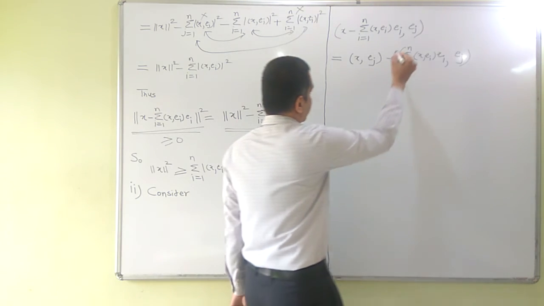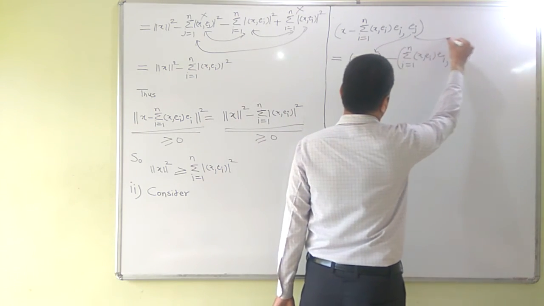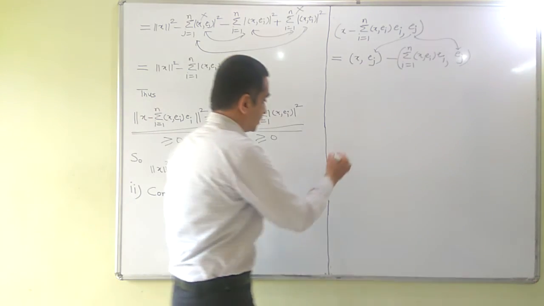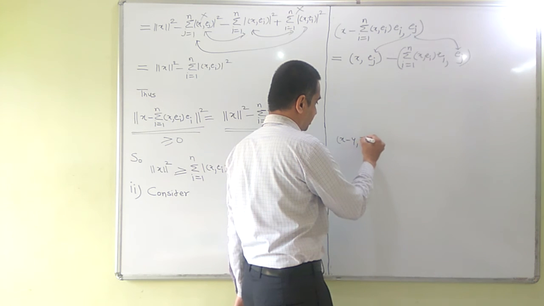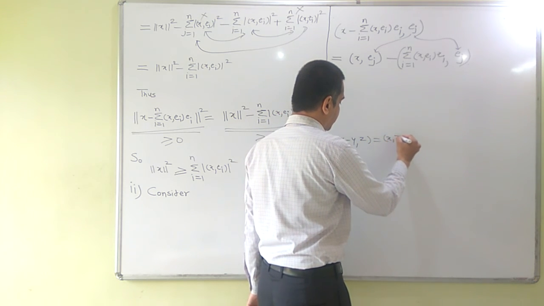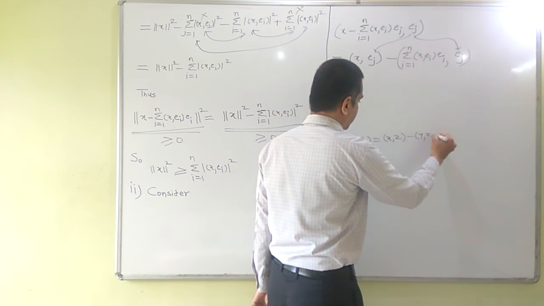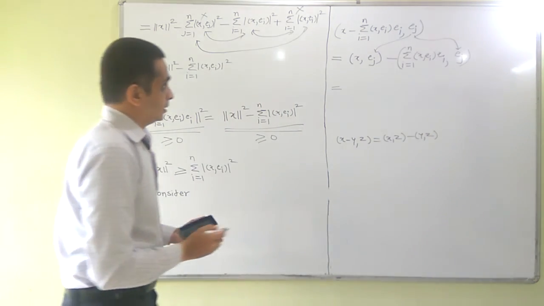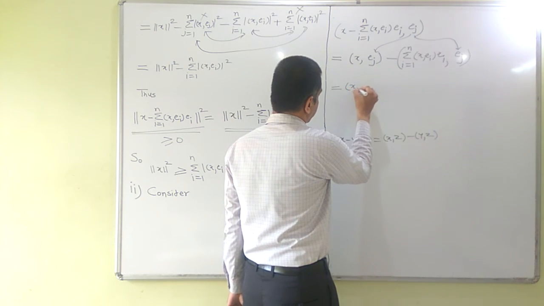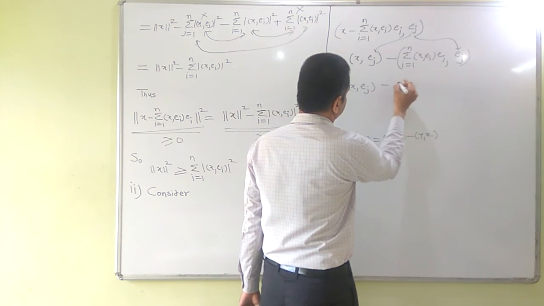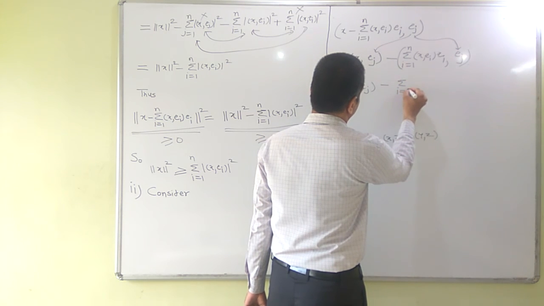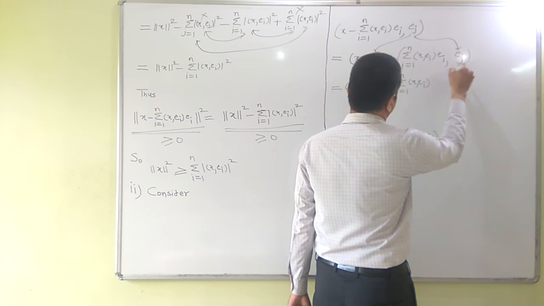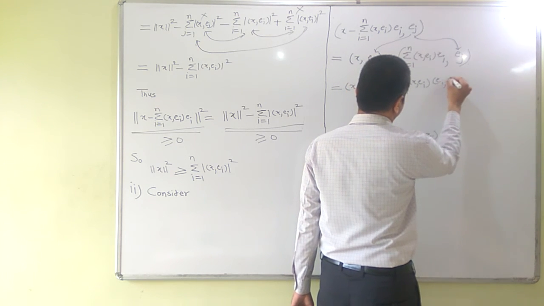I am keeping e_j as it is here and simplifying using the property that the inner product of x minus y and z equals the inner product of x, z minus the inner product of y, z. So this equals the inner product of x, e_j minus the sum from i equals 1 to n of the inner product of x, e_i times the inner product of e_i and e_j.